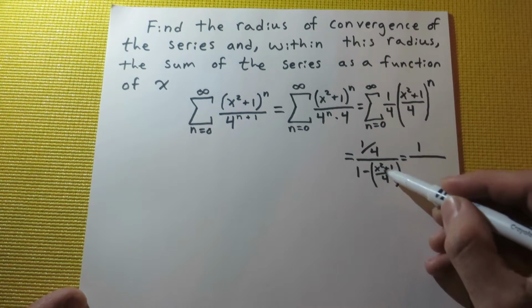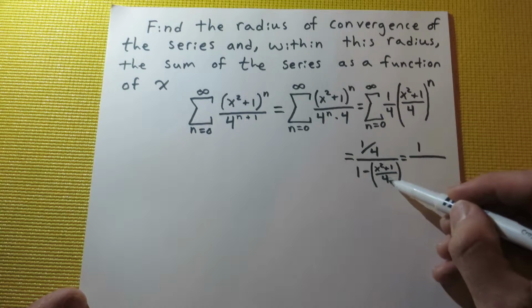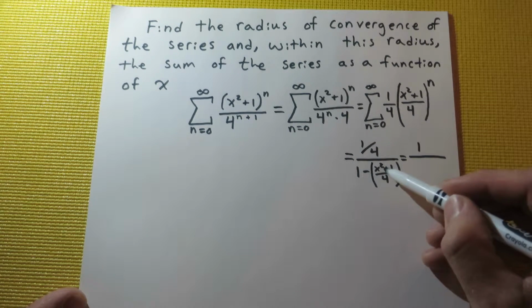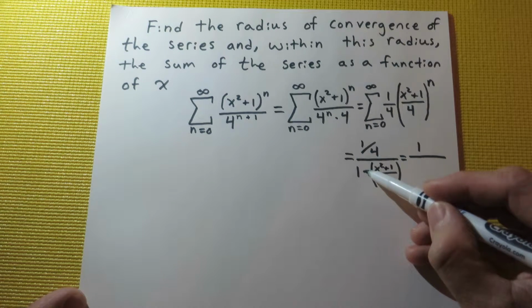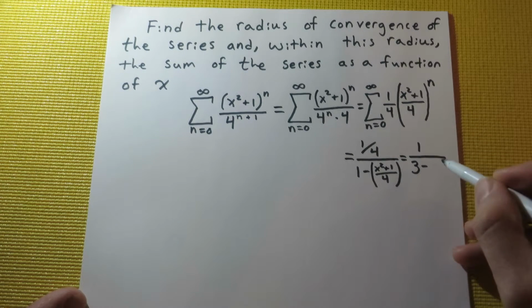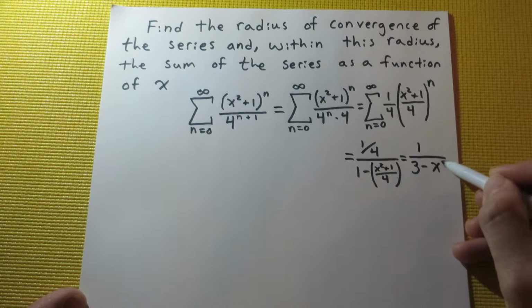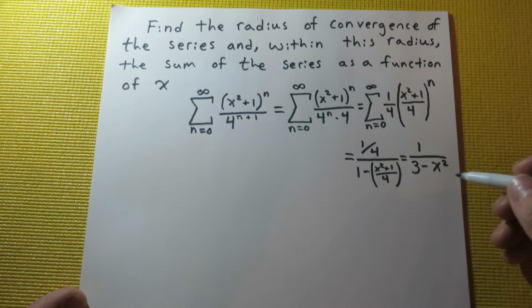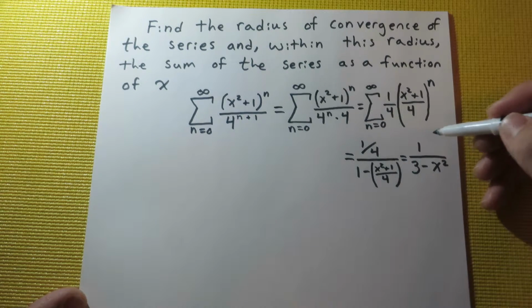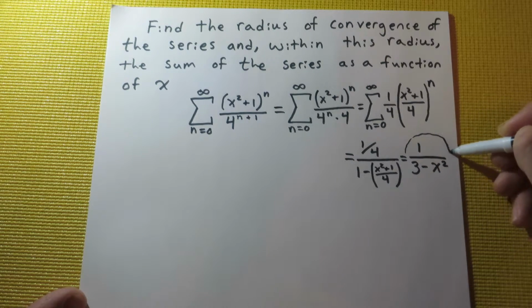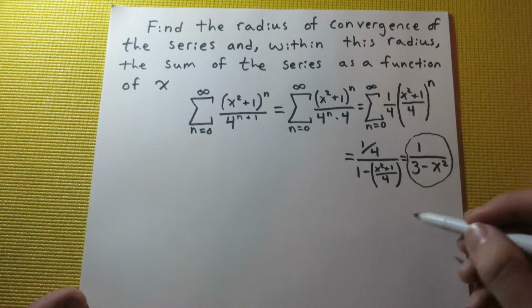The 4 in the numerator cancels, and 4 minus x squared minus 1 is just 3 minus x squared. This is the sum of the series.